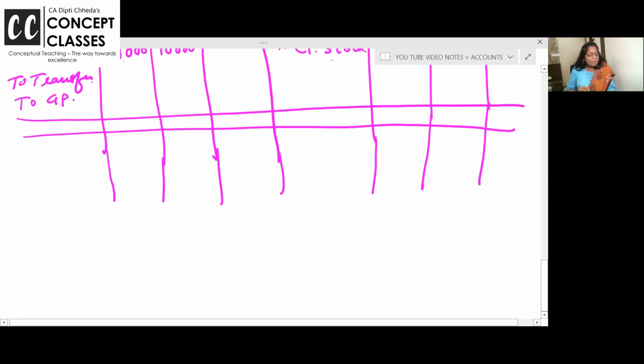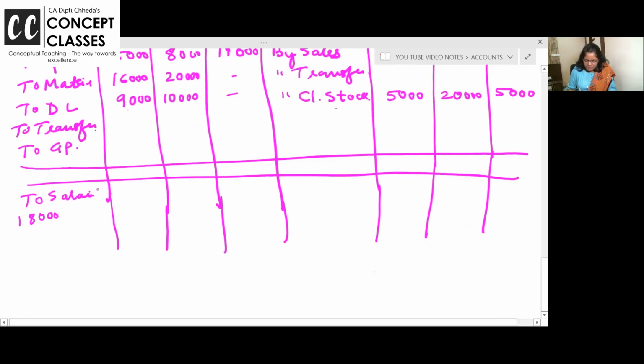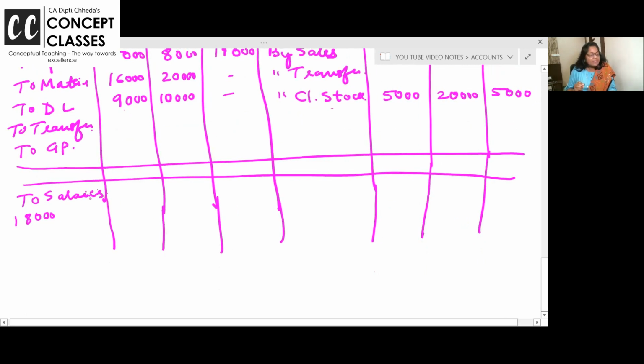Below that, common P&L account is there. In that debit side, salaries is there. I am reading out for those who are not having problem. Salary is 18,000. Salaries is 18,000. And they said salary apportioned on number of employees 30:20:10.